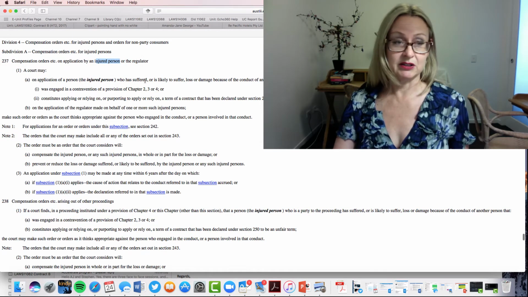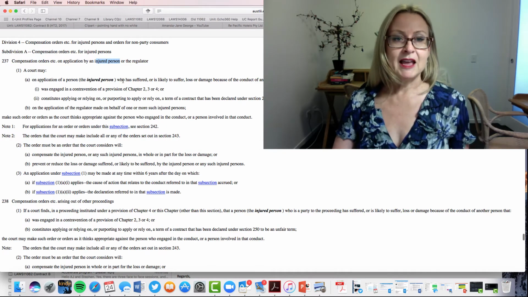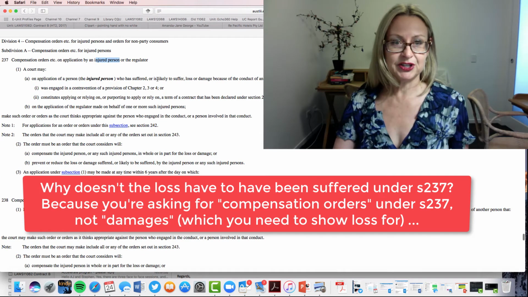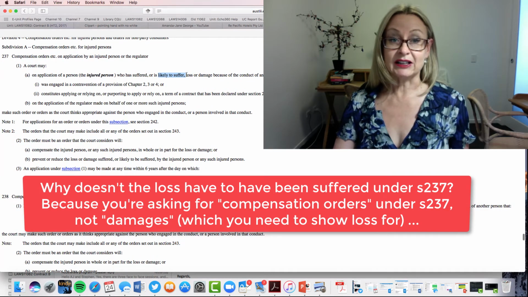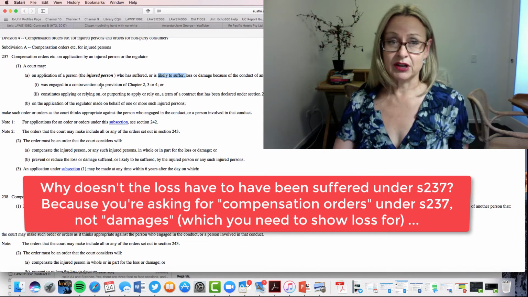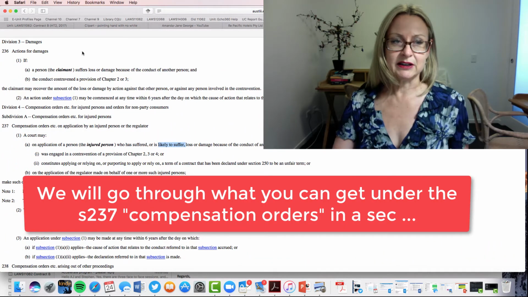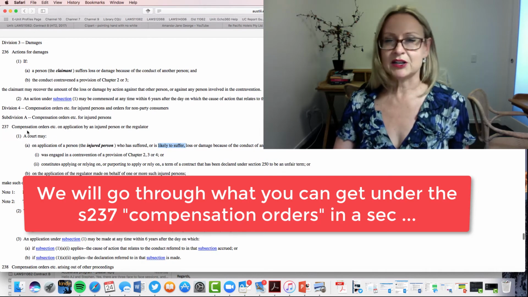The ACCC can step in and take charge of the matter here. But the loss doesn't have to have actually been suffered. It can just be likely to be suffered. So a small distinction there between the action for damages under Section 236 and the compensation orders under Section 237.